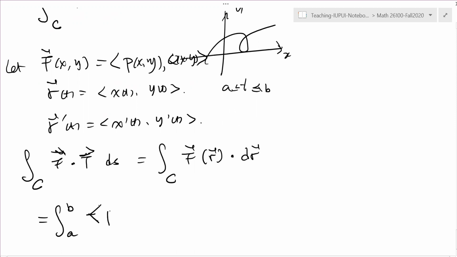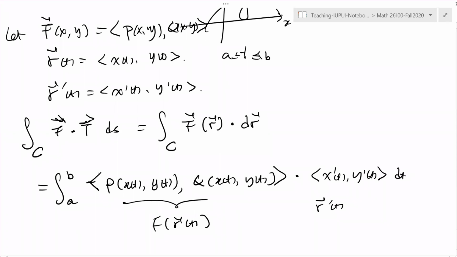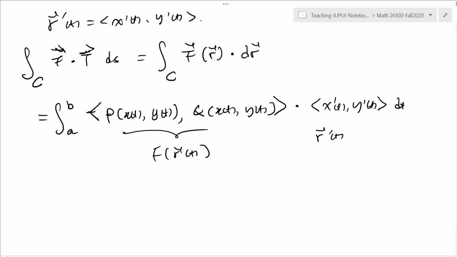evaluate this is going to be P(x(t), y(t)), Q(x(t), y(t)), okay, and the inner product with r prime, right? So this is f, and this is r prime t, right? r prime t is x prime t, y prime t, and then dt. Okay, but this is an inner product, so I can multiply them out.